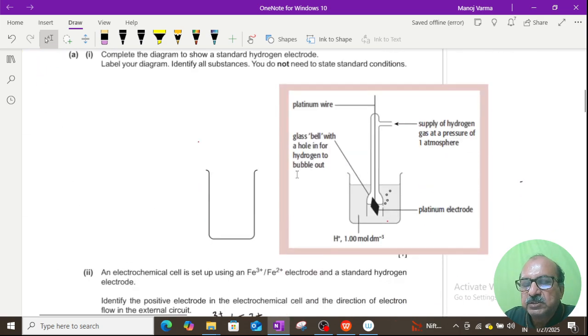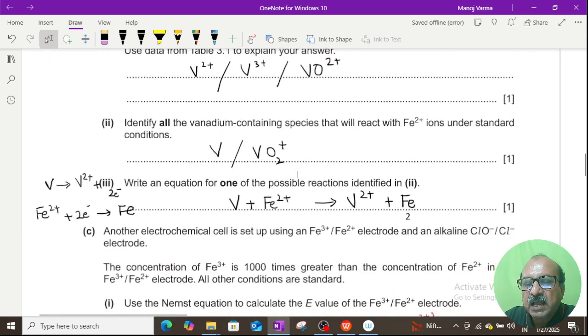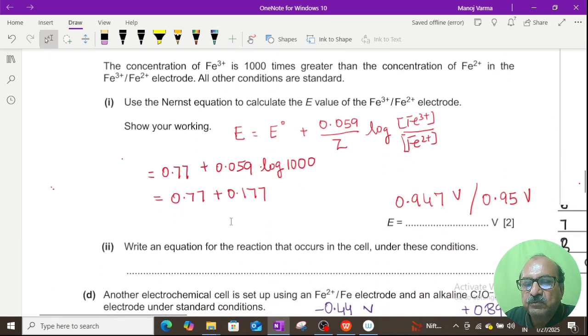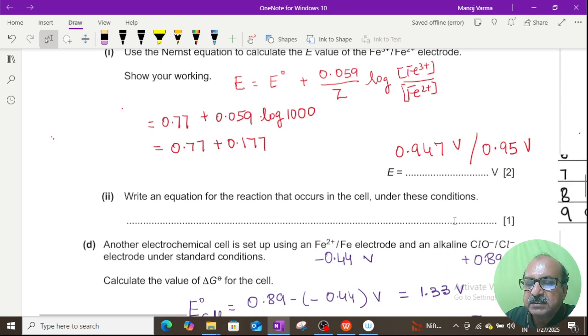So let us substitute the values and solve it, and you will get 0.77 plus 0.177, which adds up to 0.947. But considering 2 SF, we can write the answer as 0.95. So this is the answer for this.